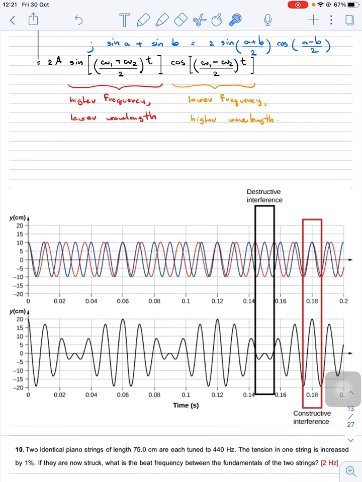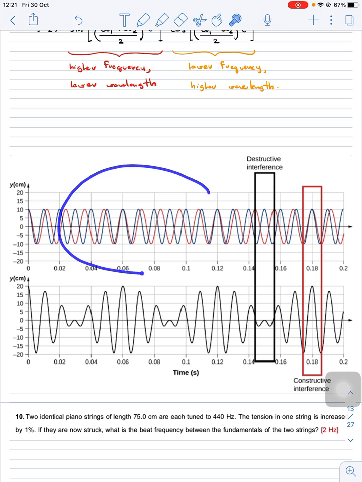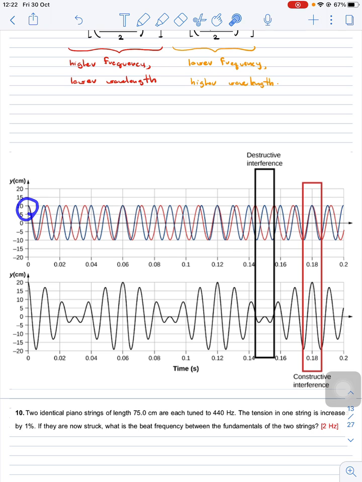So how is it going to look? Let's look at this picture. Here we have two waves with the same amplitude, in this case equal to 10 centimeters. The initial phases are the same, because you can see that both of them overlap at time equal to 0. But when time goes by, the displacements along x are different.